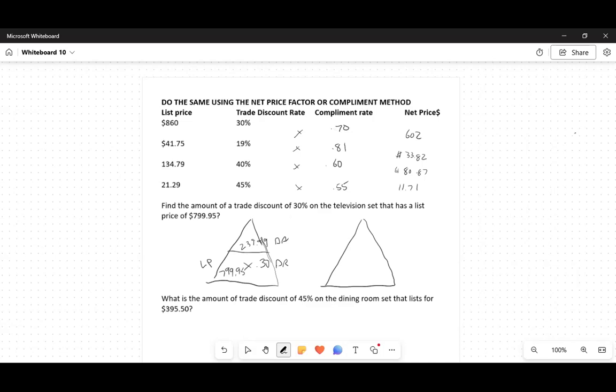But let's just say it asked me what the net price is. Well, I could take the $799.95 list price and then minus the discount amount of $239.99. Oh, sorry, I'm looking at the wrong problem.